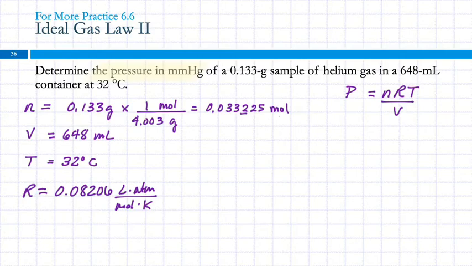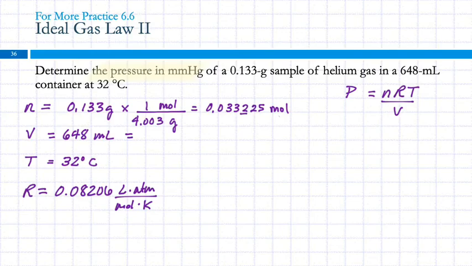So, is milliliters going to work? No. So we can multiply by 10 to the minus 3 liters over milliliters and cancel the units out. Always works. Or instead of writing this prefix, I'm just going to write what it means and not worry about the rest of the math.